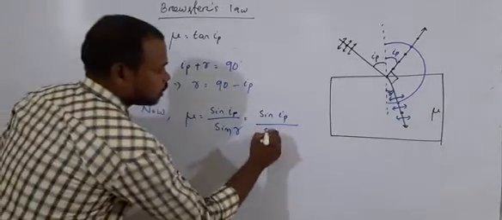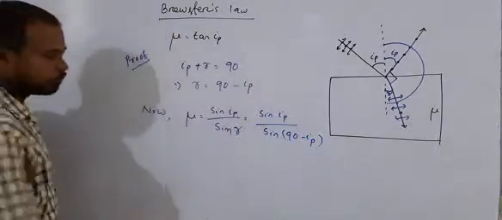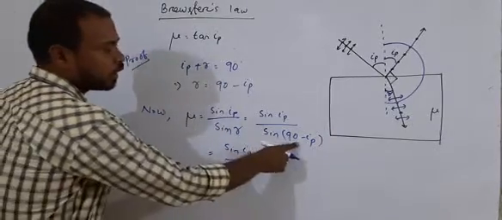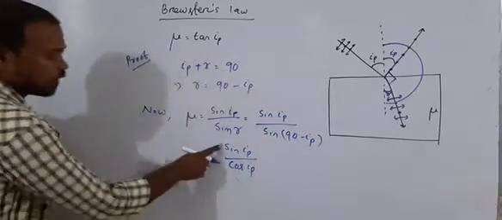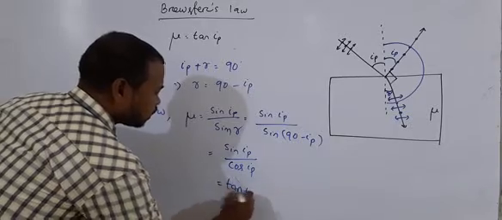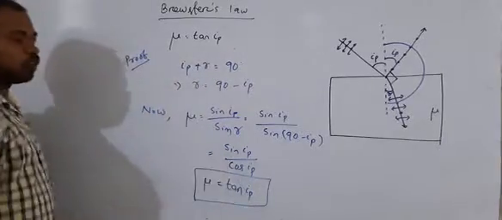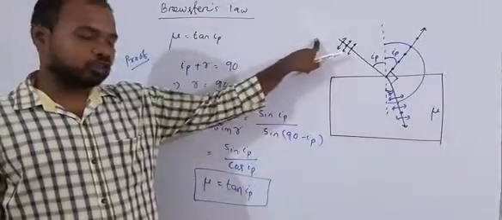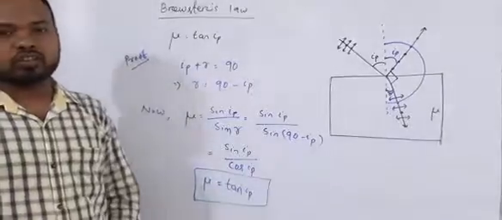Sin of 90 minus iP is cos iP. So sin iP by cos iP is equal to tan iP. So the refractive index of the denser medium, or of the glass slab with respect to the rarer medium, is equal to the tangent of the polarizing angle. This is Brewster's law. Okay, thank you.